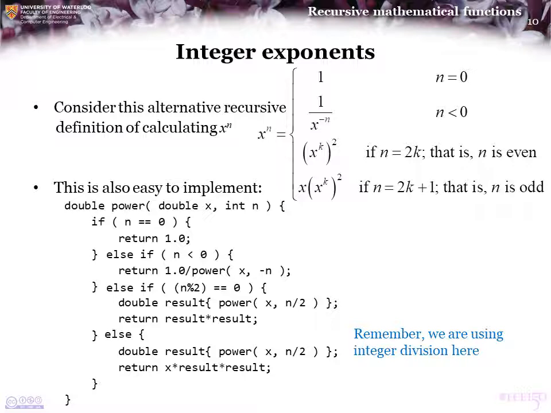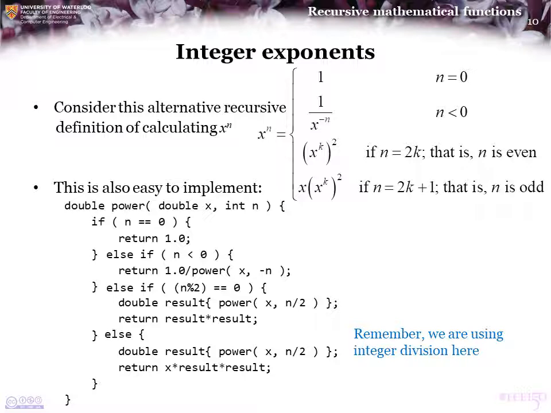All right, so now we've seen two different implementations of two different recursive definitions of performing the same calculation. And at least we have argued that one of these implementations is significantly faster than the other.